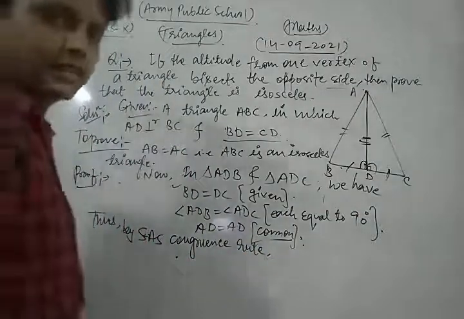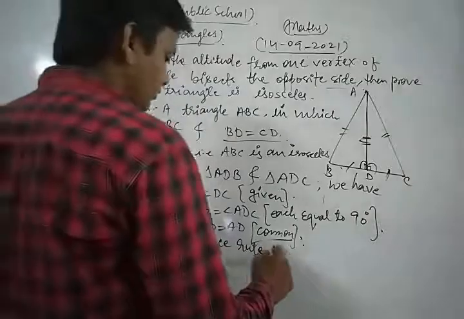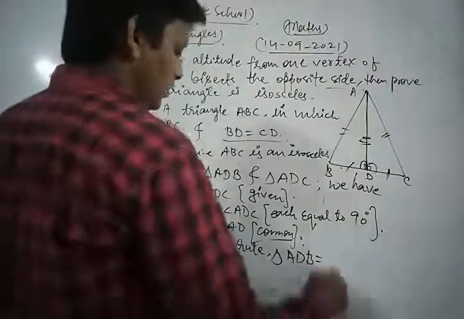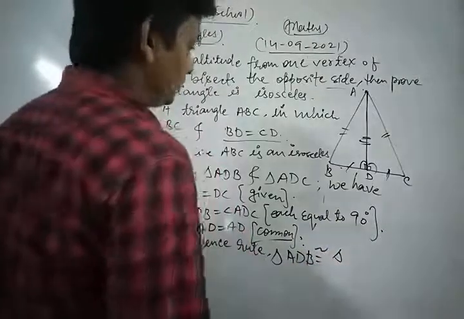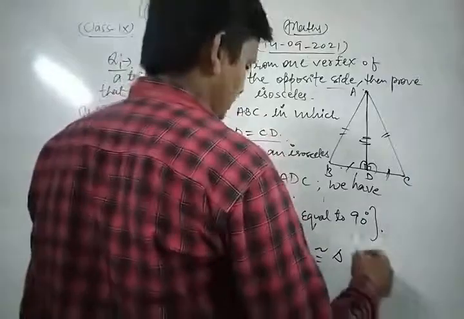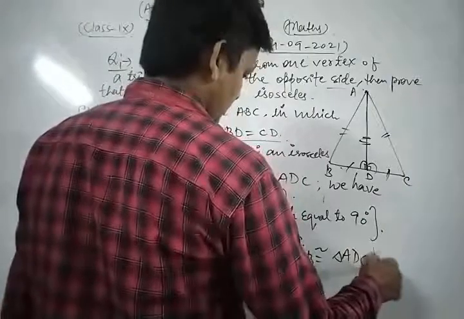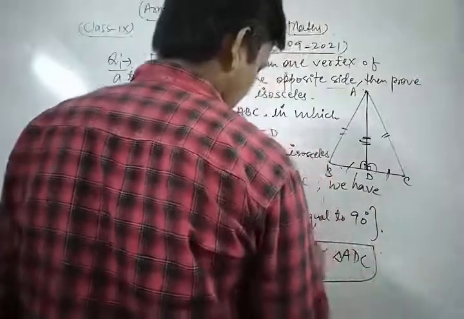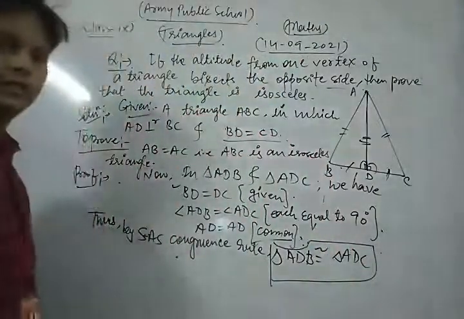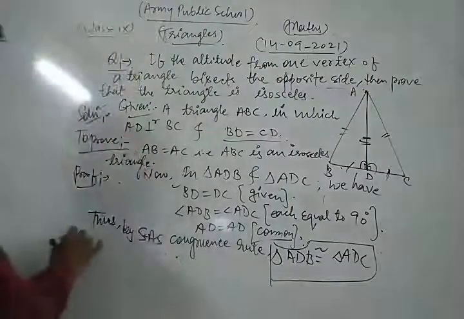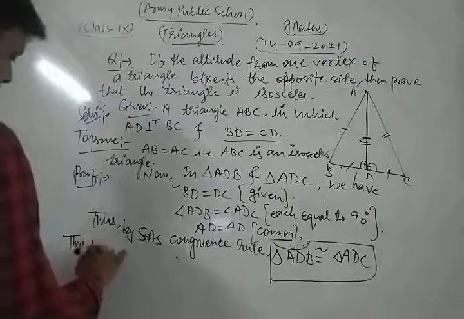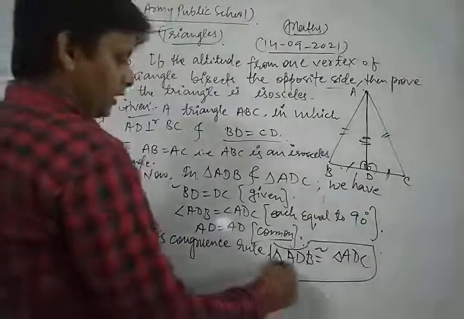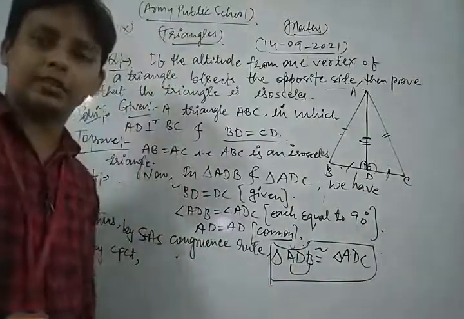thus, by the SAS congruence rule, triangle ADB is congruent to triangle ADC. Thus, by CPCT, you know that corresponding parts of congruent triangles are equal to each other.